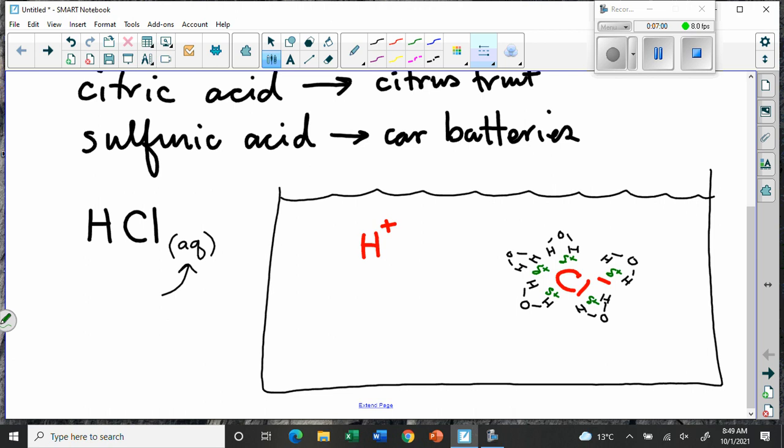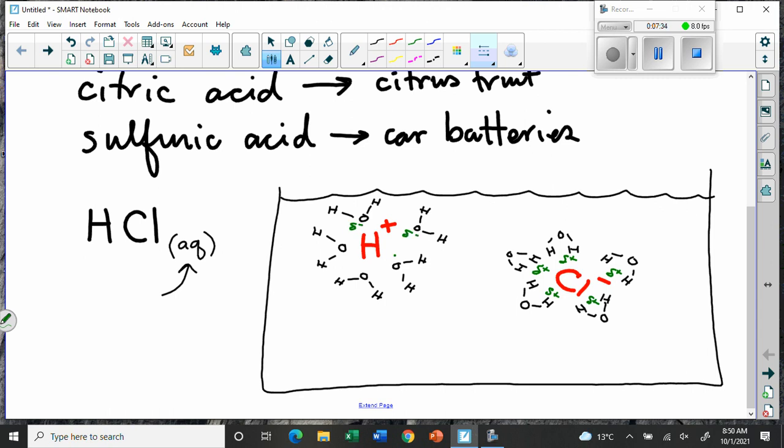Okay, now likewise, what happens over here on the other side is that the water molecules are also going to be attracted to the plus of the hydrogen, but they're going to attract in the opposite way. It's the O side that will sort of line up here, because the O is the sort of negative side of the water molecule, right?